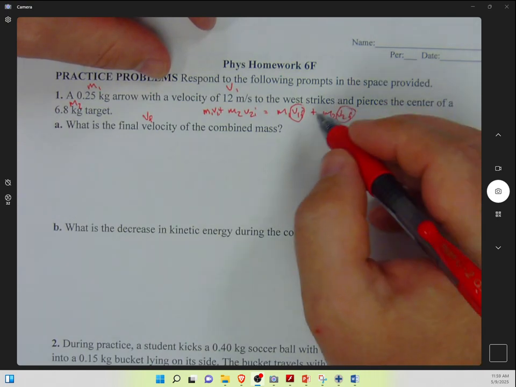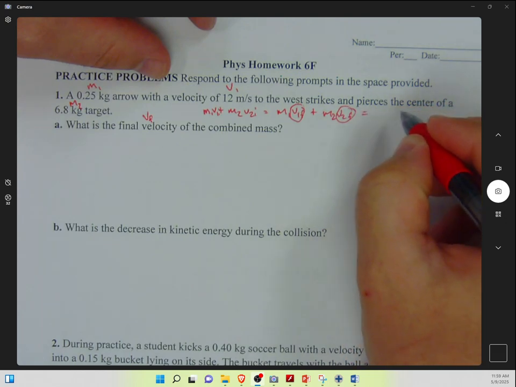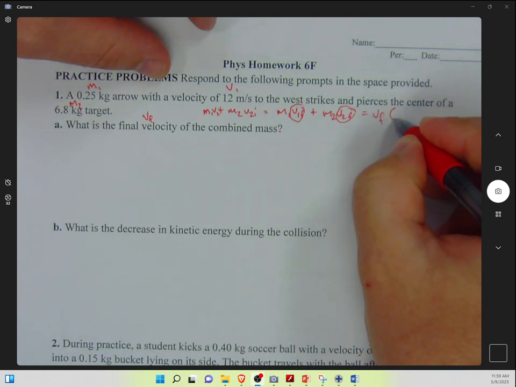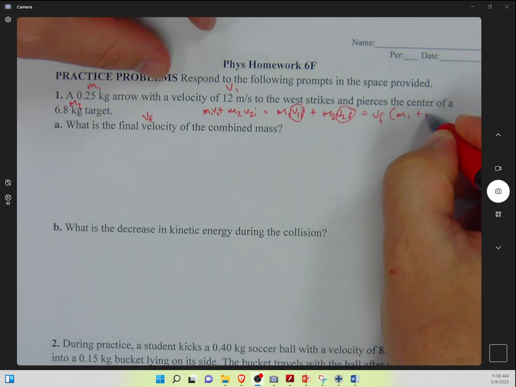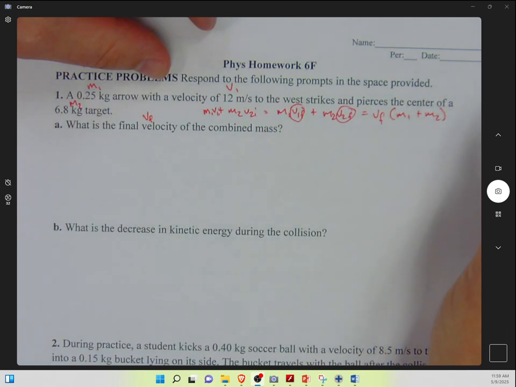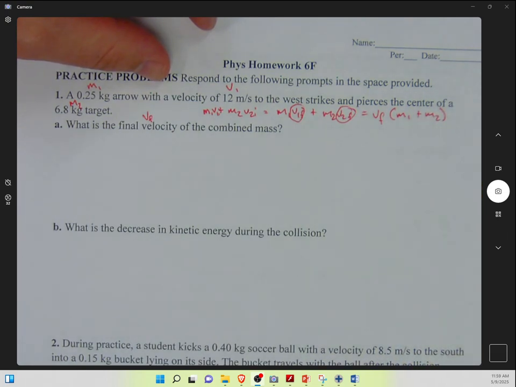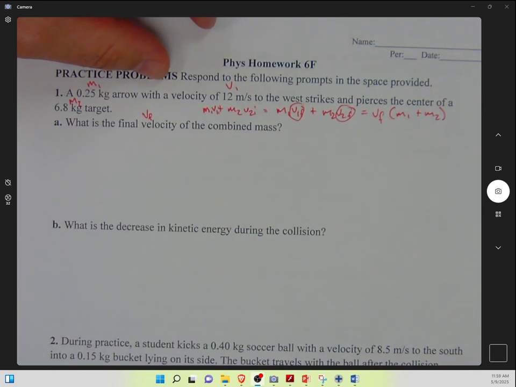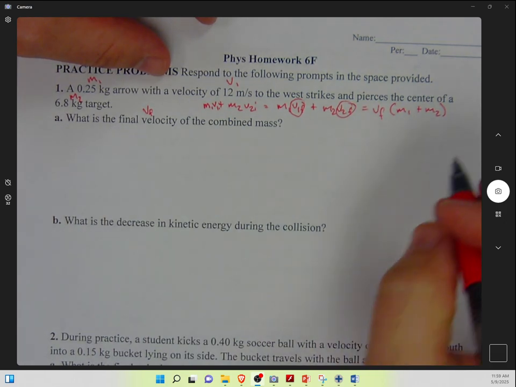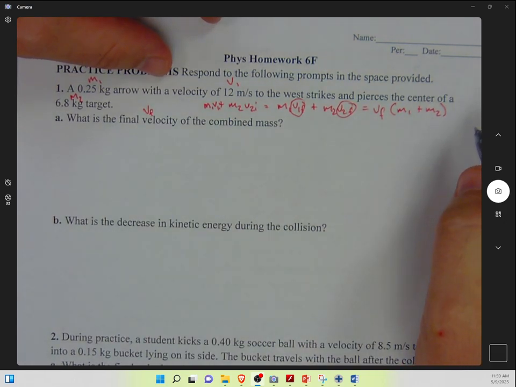So that means that we can factor this out of this part of the equation, and we can get a version of the equation that's a lot easier to solve for that final velocity. You guys remember this from yesterday? So let's solve this equation.